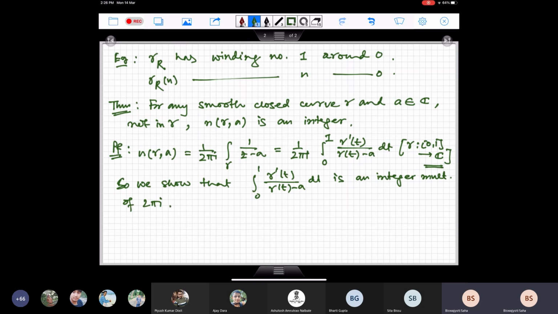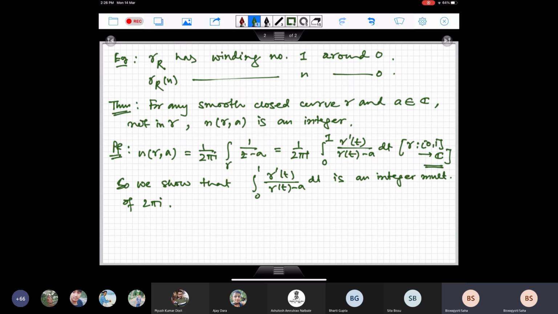Okay, fine. When I talk about 2 pi i, you can imagine that somehow the exponential is going to get related to this. So let's see how I'm going to do that.